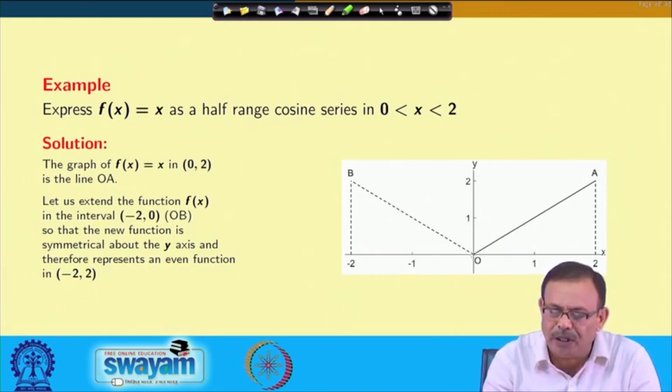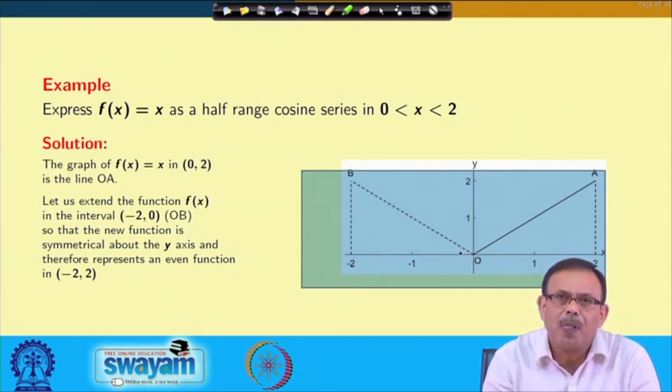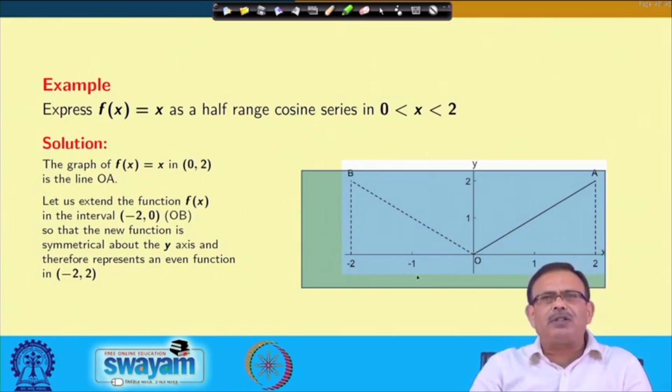Now, I am extending it in such a fashion that it is symmetric with respect to the y axis. And please note one thing: whether I am expressing f(x) = x as a half range sine series or a half range cosine series, the nature of the function in 0 to 2 will remain the same, because the graph of the function is the same in 0 to 2, and only in 0 to -2 am I changing the nature of the function.